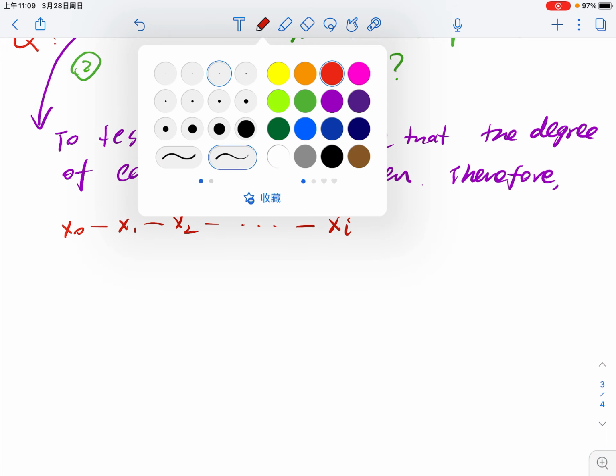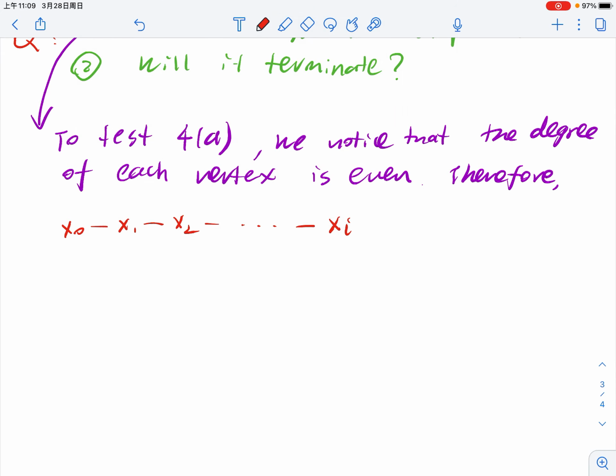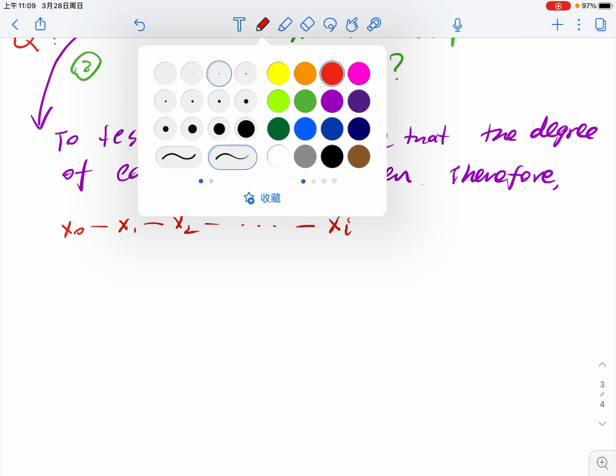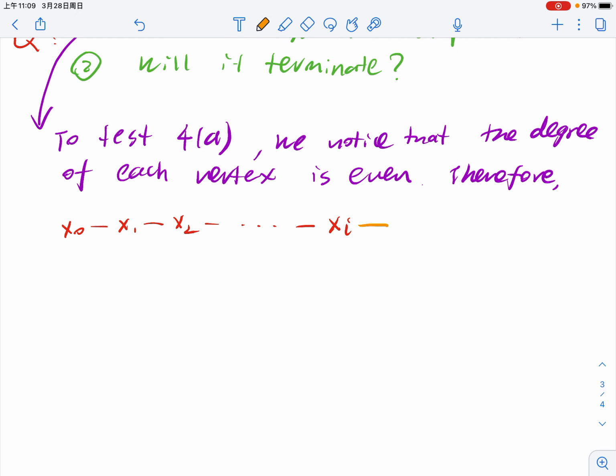Actually, in the middle, you might have already had some xi appear, but at this point, we have an odd number of edges incident with xi.